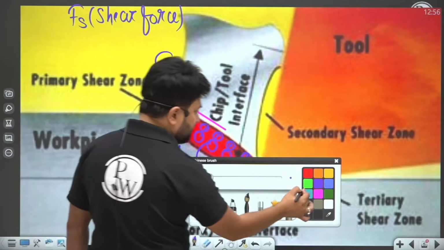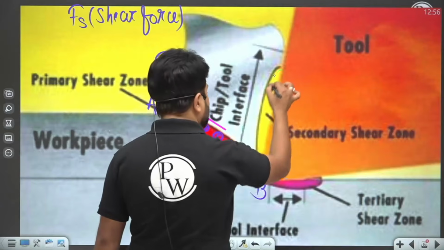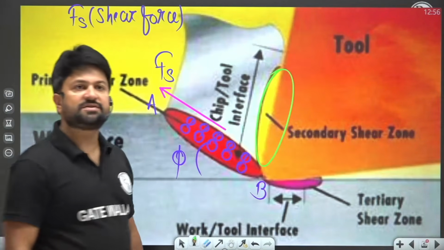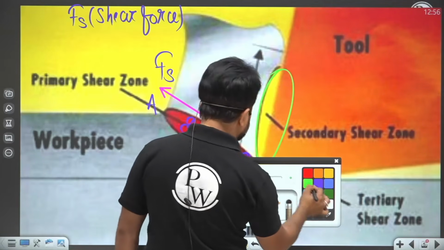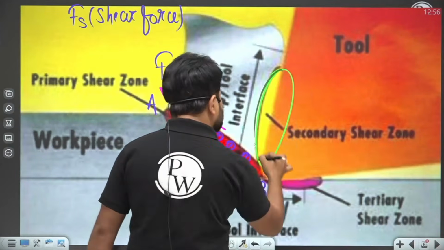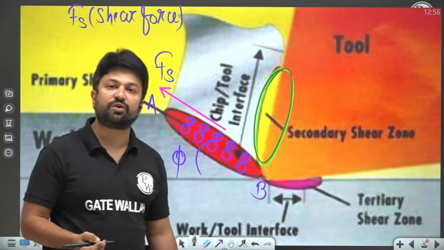Now, my dear, please see one more zone. That is the secondary deformation zone, right? Are you able to see? What do we mean by the secondary deformation zone?